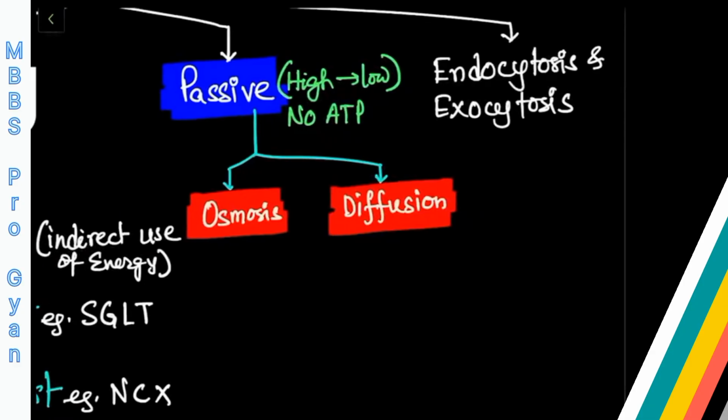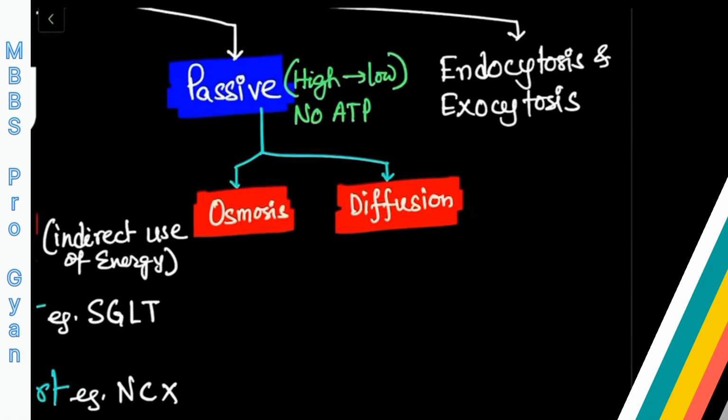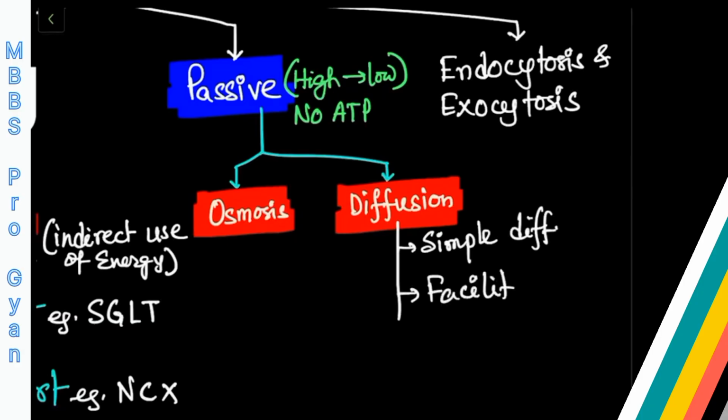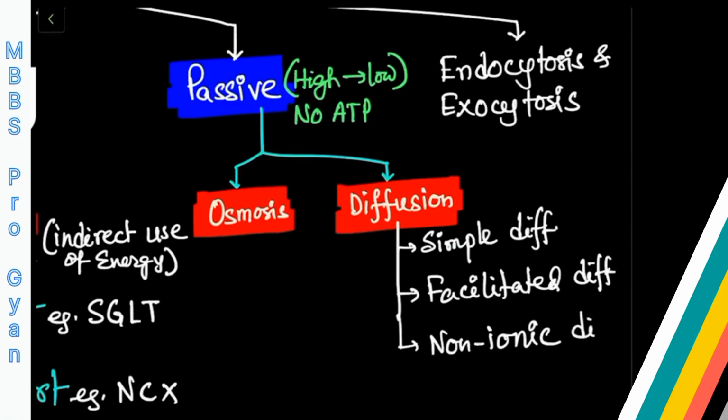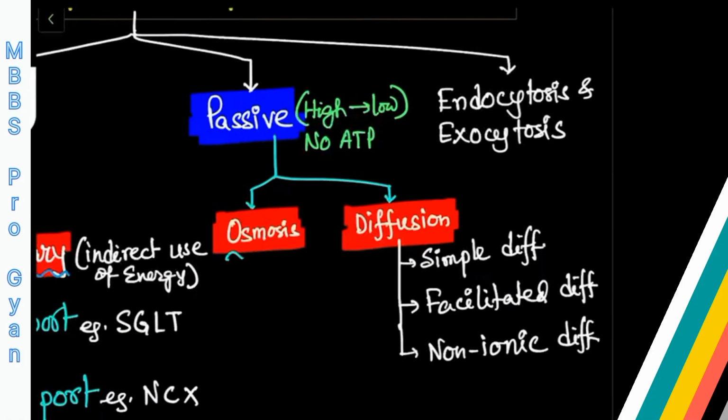Now diffusion is of three types: simple diffusion, facilitated diffusion, and non-ionic diffusion. First we are going to discuss osmosis and then we will come to diffusion.